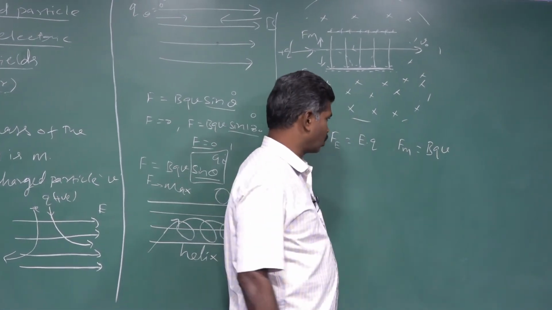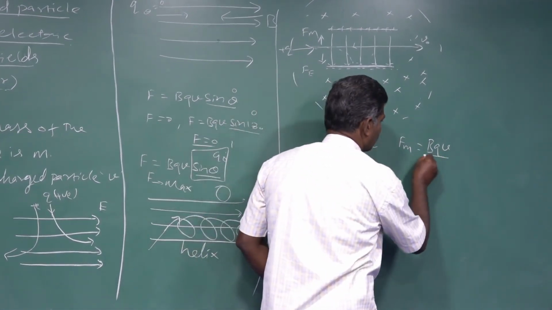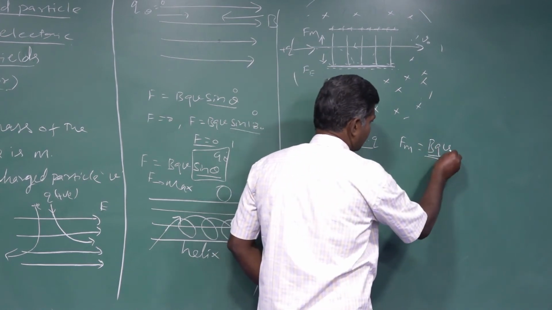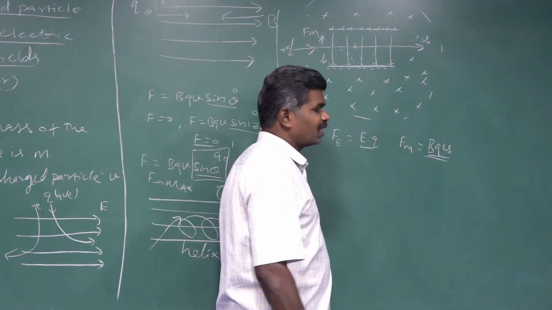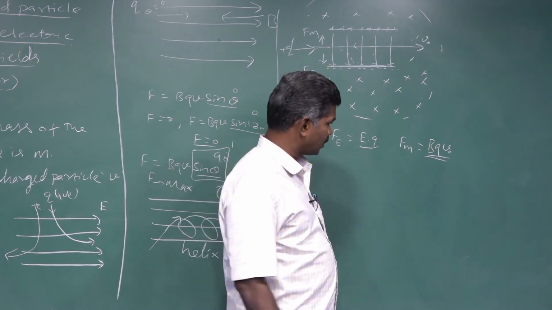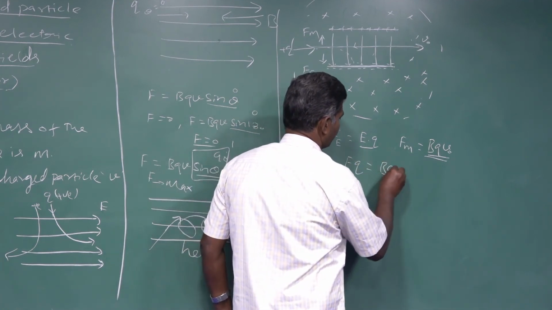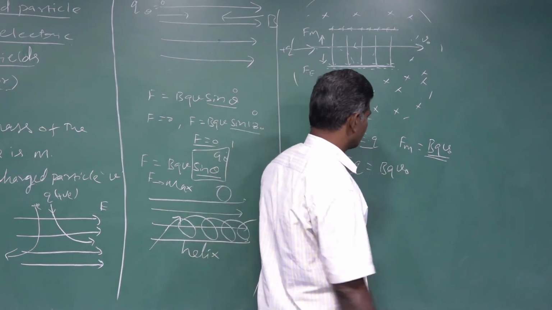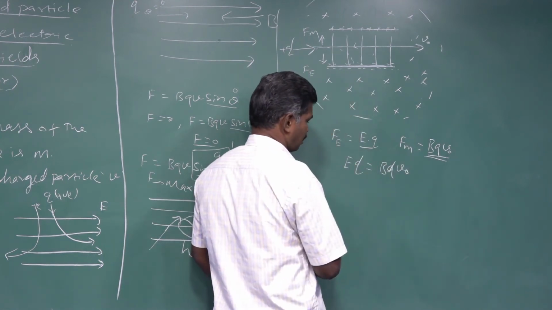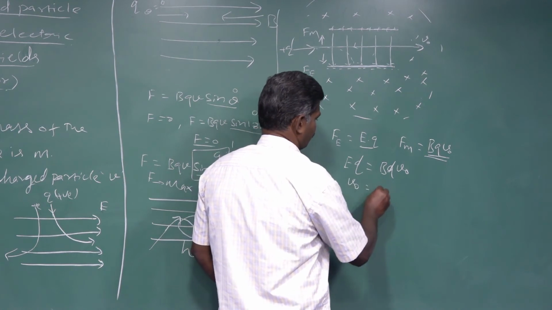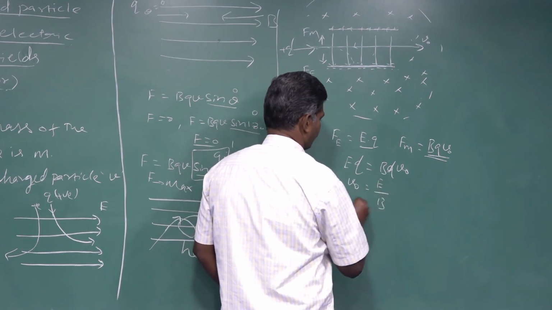If these two are equal, we can consider that velocity as V0, the zero deflection velocity. That is EQ is equal to BQV0. Then Q and Q cancel. V0 is equal to E by B.